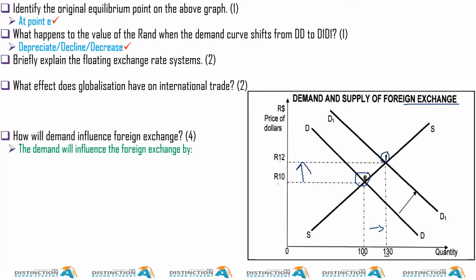And some of you would find it confusing, like, why do we say the rand is depreciating if it goes from 10 to 12? It's depreciating because you need more rands to buy the same dollar. Let's say this happened throughout the day.